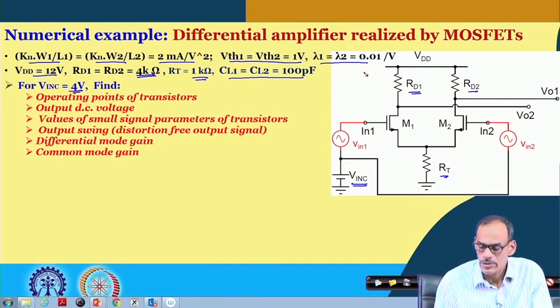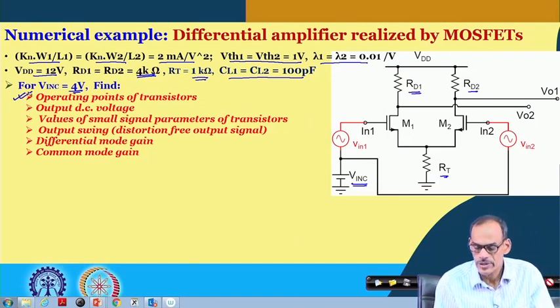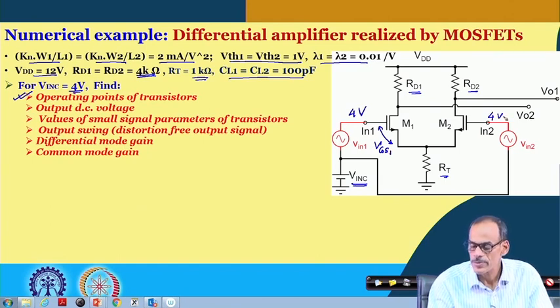Now, coming to how we find the differential mode gain and common mode gain, first of all we need to start with the operating point of the transistor. So, we do have a DC voltage at the gate which is equal to 4 volt. Now, if we have 4 volt, then it is probably having some VGS here, whatever you say VGS1 or VGS2, and here also of course we do have 4 volt, and the voltage here of course depending on this DC voltage divided by this RT, it produces a current of IRT.